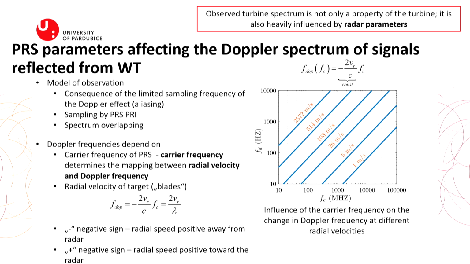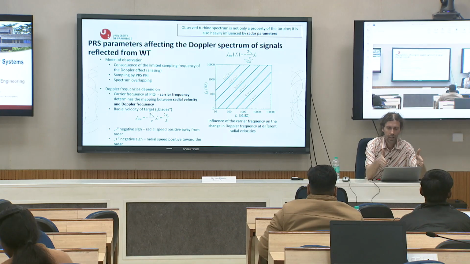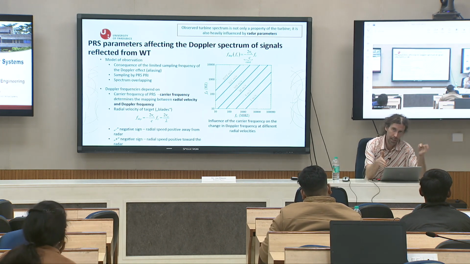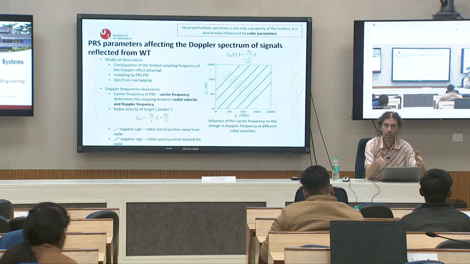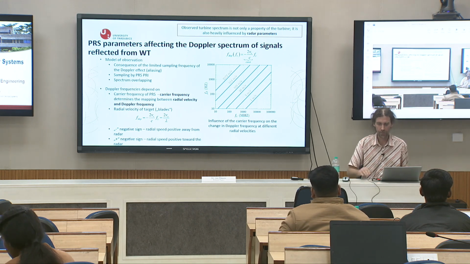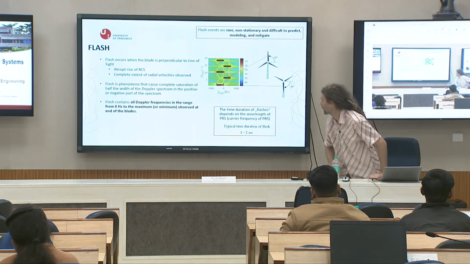If I have a PRF with some setting, and my maximal range of Doppler is 1 kilohertz, and the Doppler speed caused by the wind turbine blade tips is 2 kilohertz, I have a problem, because aliasing occurs. And what causes this aliasing?